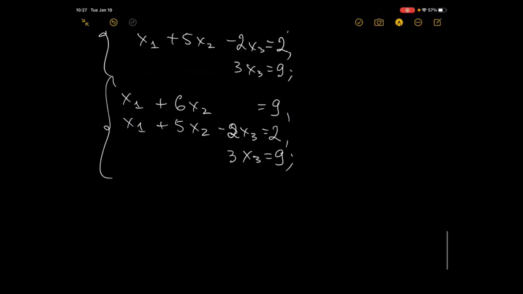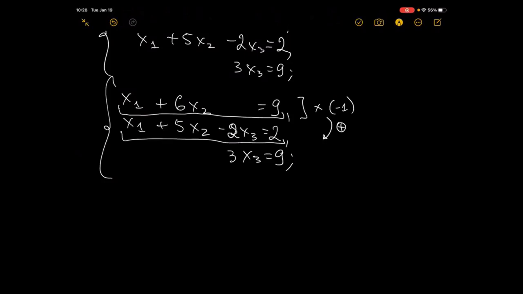Okay, now let me do the following operation. I will justify it a little bit later. I will multiply this by -1 and add to this. Or if you like, it's the same, you can say, let me subtract this expression from this one. Why can I do this? Because this and that are supposed to be equal to each other.